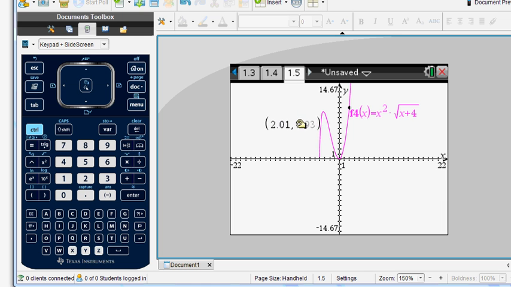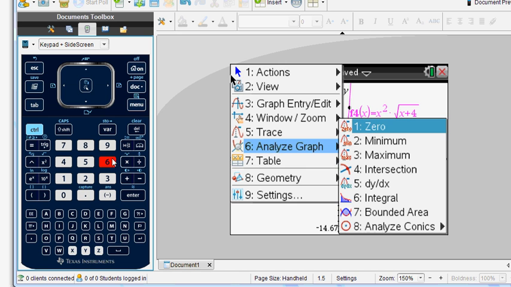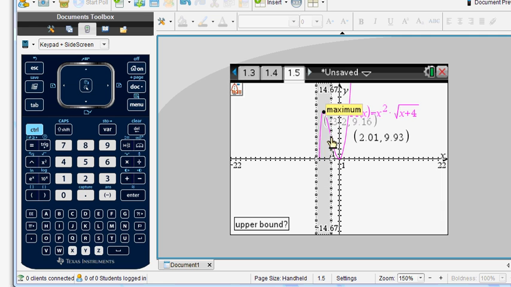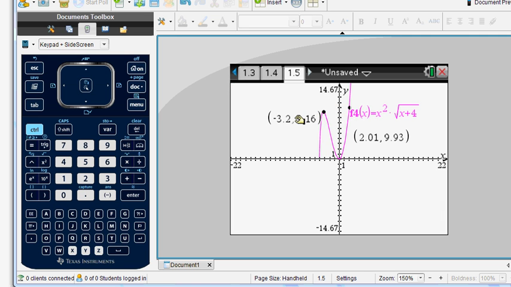Wait a second. Something is wrong here. Let's try this again. Menu, Analyze Graph. That didn't make sense. Maximum. We go to the left here, we go to the right. This is the guy we're looking for right here.